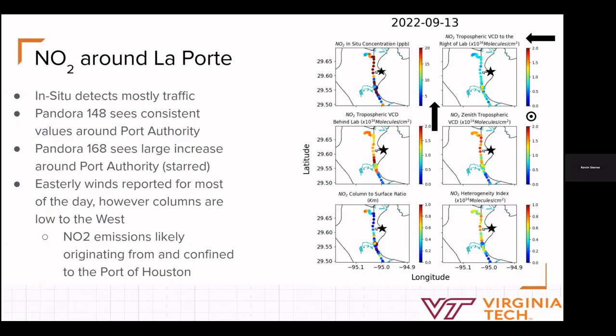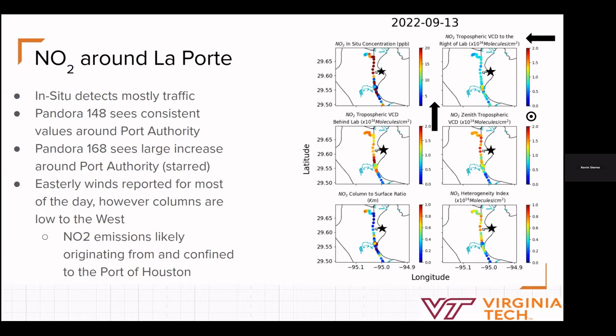This leads to a reasonable assumption that vehicles were not actually responsible for these emissions patterns, and that likely something further to the east, which would correspond to the port, is transporting its trace gases a little bit further to the west, rather than simply remaining directly overhead of the port itself.